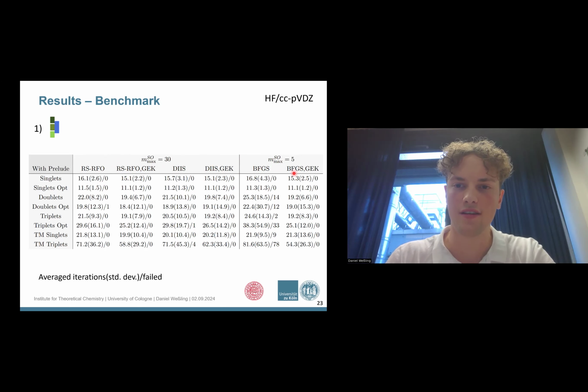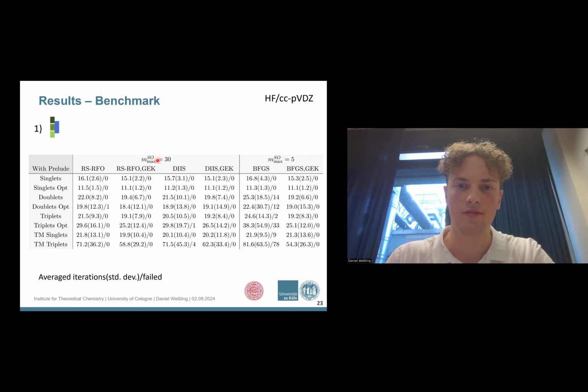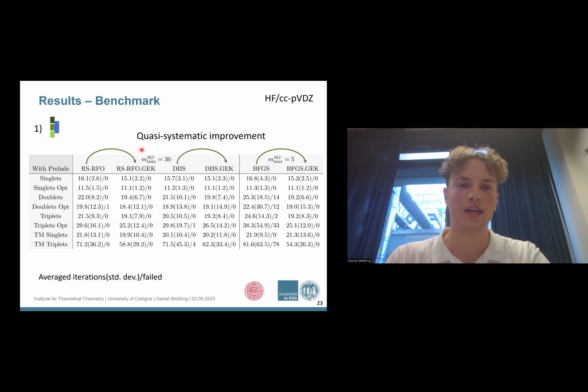So this method here is actually what I have shown you already. And now this is the new method here, which I also got working. So we also have DIIS with Kriging, but it has this problem with this value here. But we can say for each case we have this systematic improvement using this Kriging.